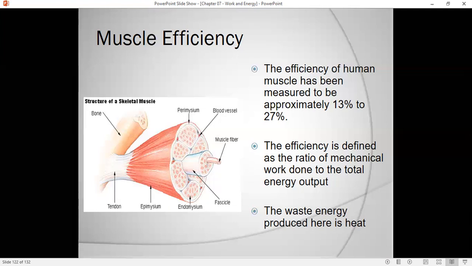What this shows you is when you work out aerobically, your efficiency is about twice as high as when you work out anaerobically. So the energy used by the muscles when you're going for a jog and you're using as much oxygen as you're taking in is double what it is if you sprint.